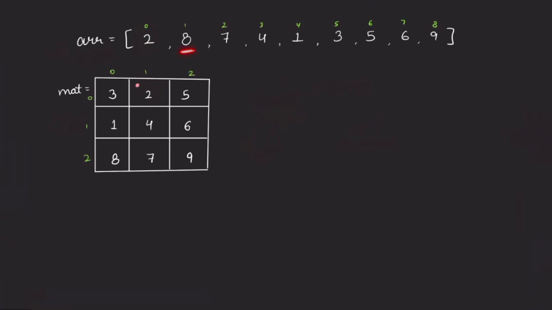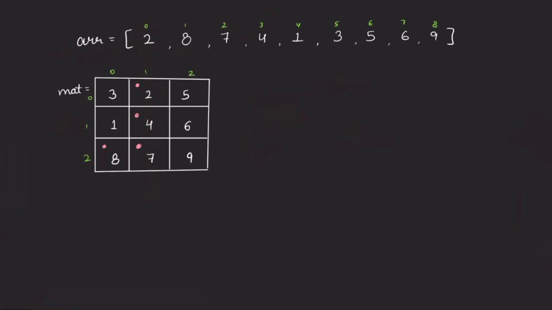Then next is 8. 8 is present here, so this cell will become painted. Next is 7, this will become painted. Next is 4, this will become painted. Now if you see, this entire column has become painted. So at which index of the array did the entire column become painted? At index 3. So this index 3 we need to return as our answer.